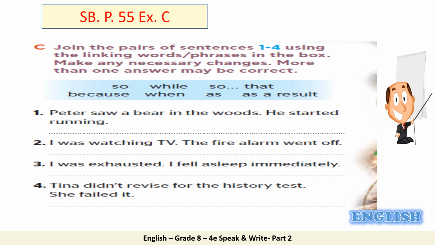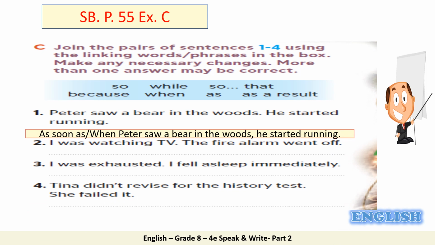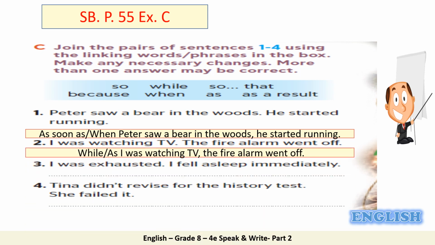Alright, guys. 1. Peter saw a bear in the woods. He started running. Good job. We should say, as soon as or when Peter saw a bear in the woods, he started running. 2. I was watching TV. The fire alarm went off. Great job. While or as I was watching TV, the fire alarm went off. 3.